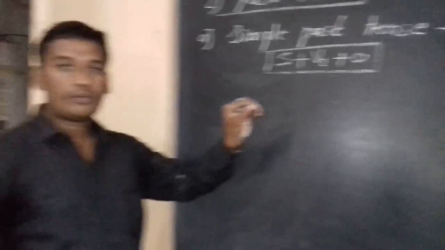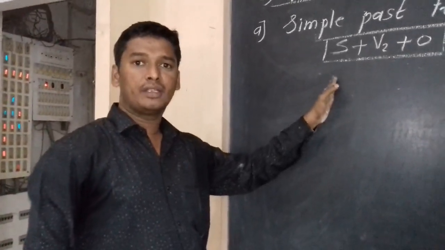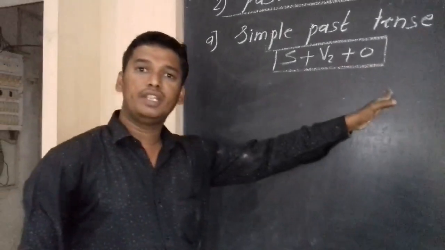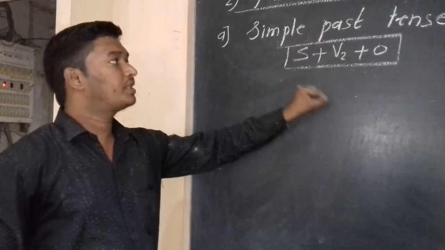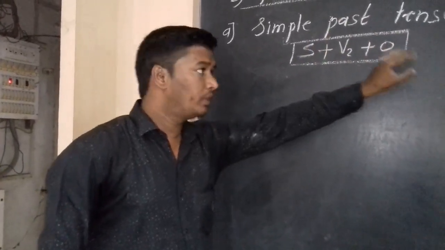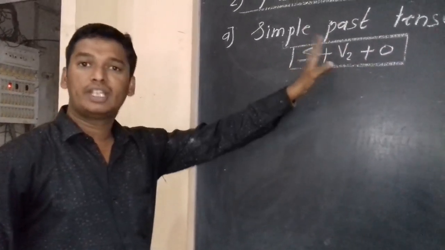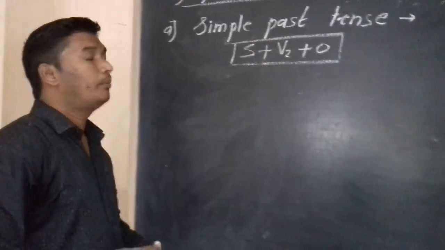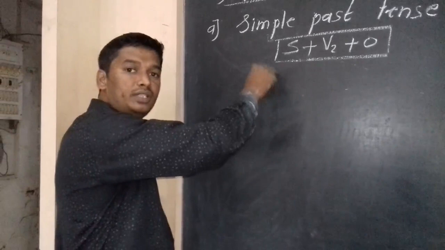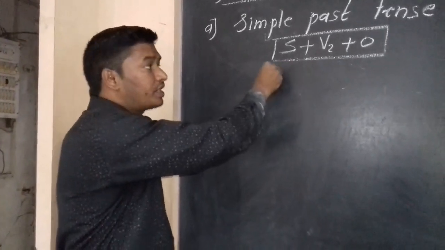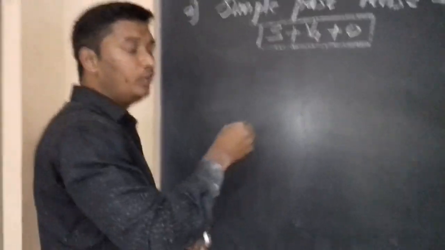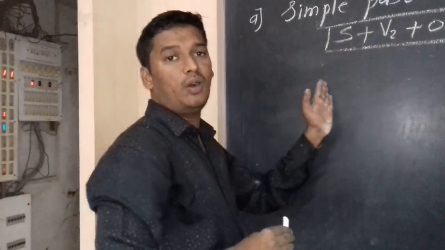Look, in simple present tense, we take V1, the present form, and in simple past tense, we take V2, the past form of the verb. Now, some examples of simple past tense. Keep this structure in your mind. S plus V2 plus O is the structure of simple past tense. Now, some examples on this kind.